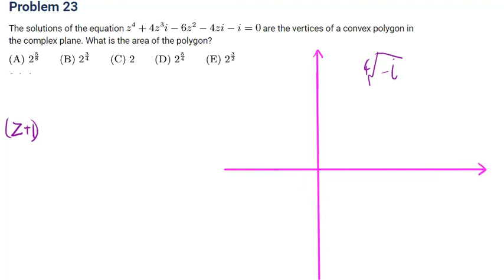That probably won't work. Okay, let's see, it's probably not a fourth power thing, but it could be some (z + y) times (z + i) times (z - 1), that sort of thing.